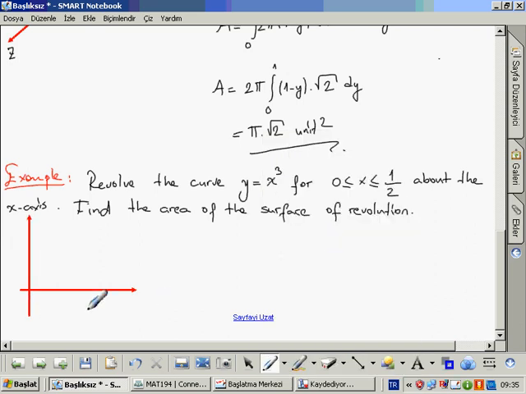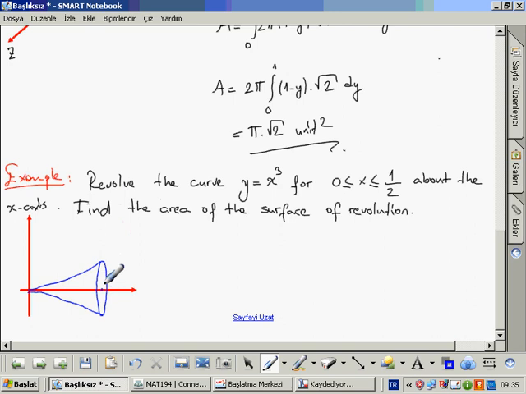Okay, and the x cube, it's like that, and when you revolve about the x-axis, you will obtain like this horn or cone, roughly cone.